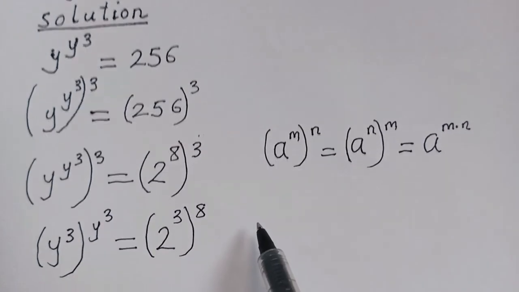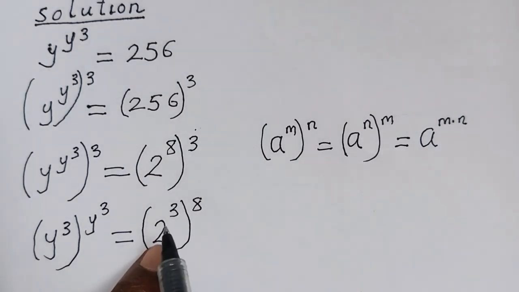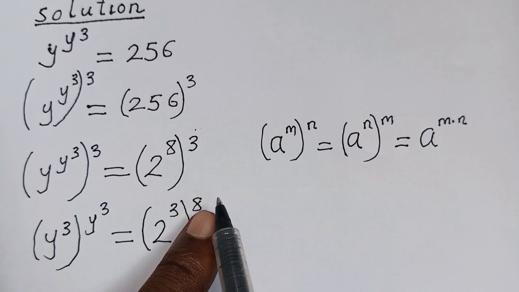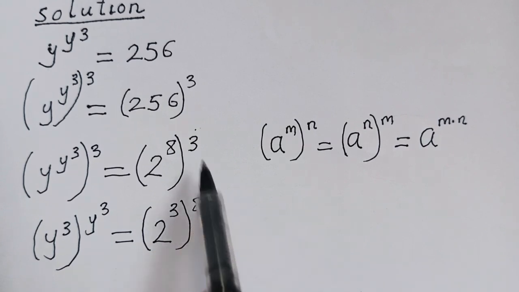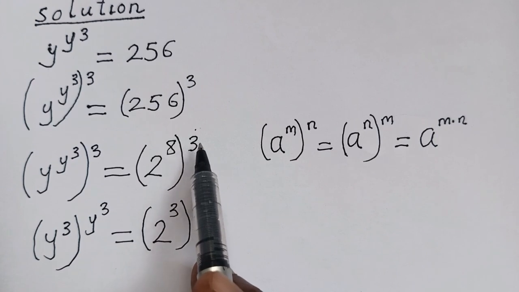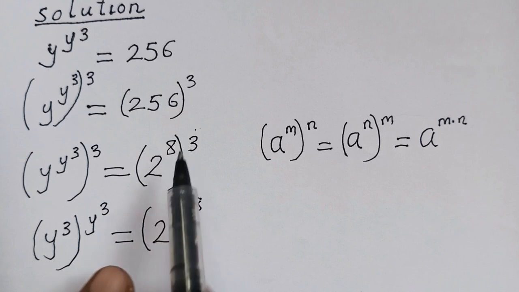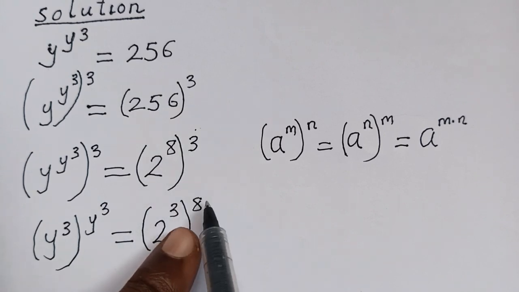So we want to get the same case on this side. What is inside the bracket should be equal to the one outside the brackets. The base should be equal to the exponent. That's why we have exchanged 3 and 8, simply because we want the base and exponent to be equal.